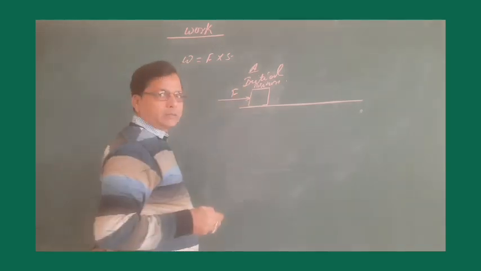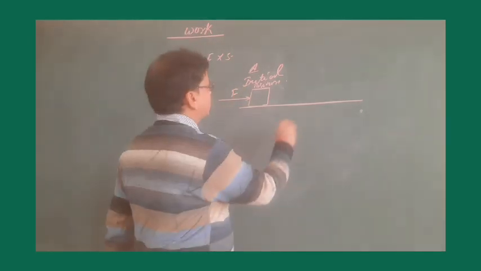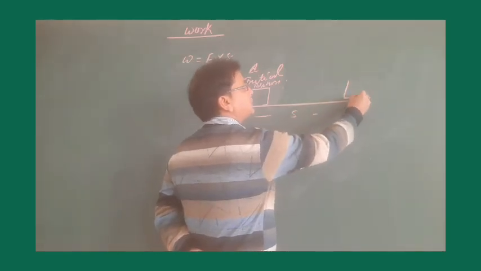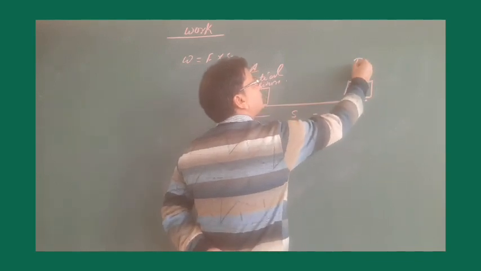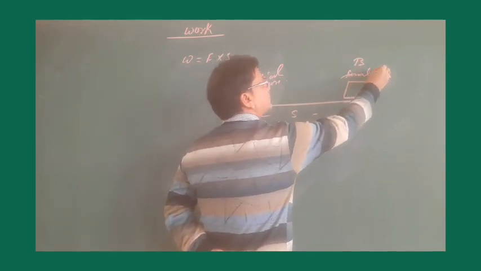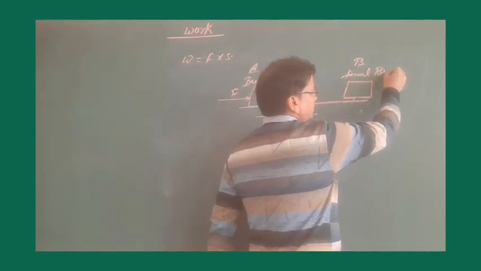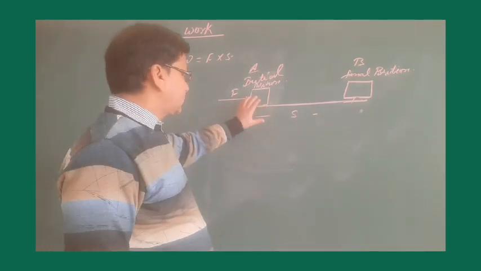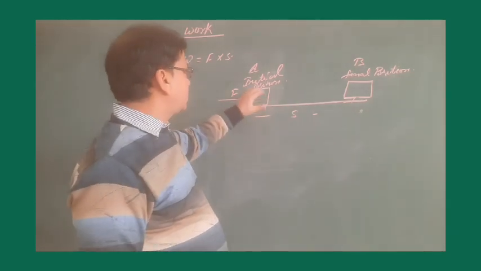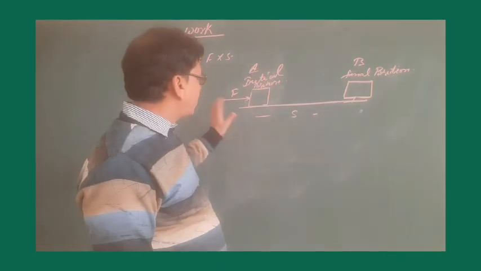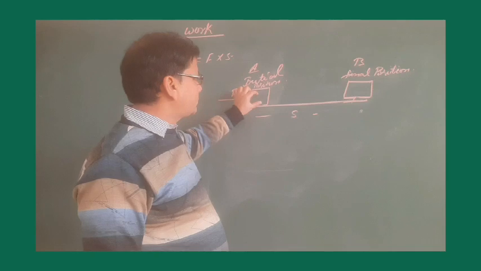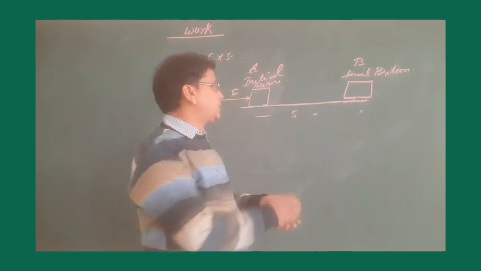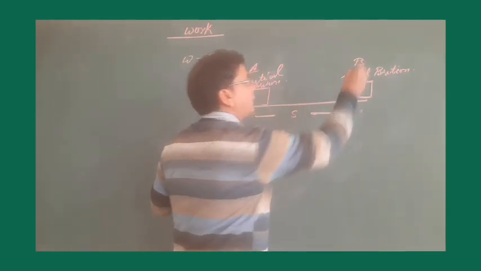The object moves horizontally and covers the displacement S, reaching the final position at point B. So it is clear that an object located at the initial position at point A, with force F acting on it, moves horizontally along the direction of the force and covers the displacement S to the final position at point B.